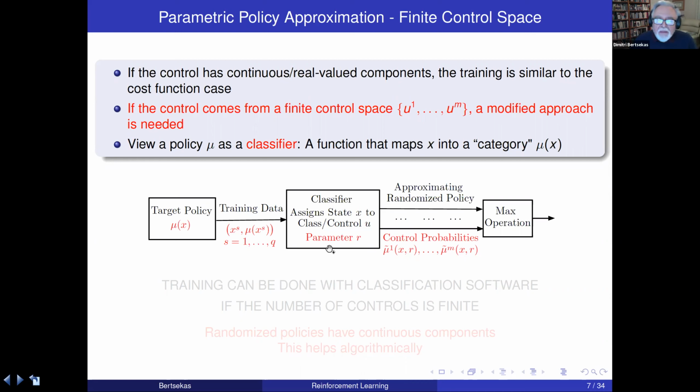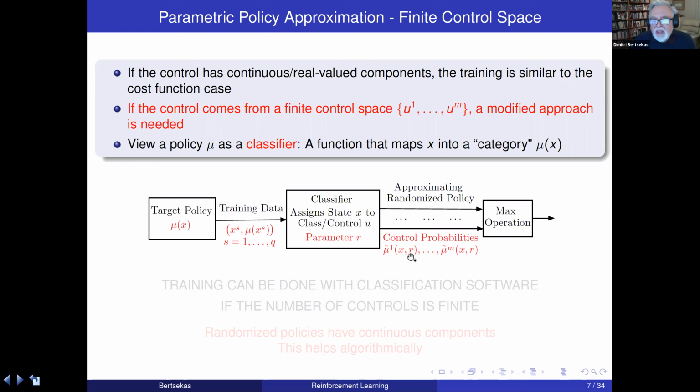Now, many, not all, but many classifiers actually do not produce a single category to assign to any given state. Instead, given a state, they produce a probability distribution over the different categories.